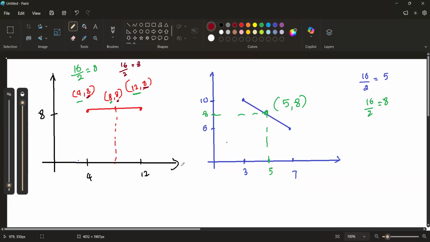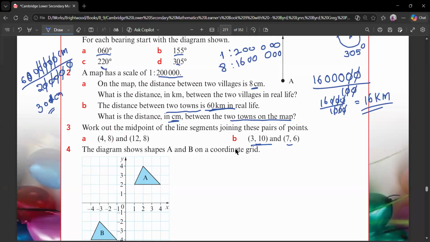If you want to find the middle point, you can add the x coordinates and divide by 2. That's the middle point of the x coordinate. If you want to find the middle point of the y coordinate, you add the y coordinates and divide by 2. Clear? That's the way you have to go through. Okay, go through it.